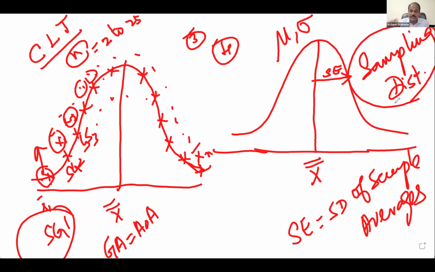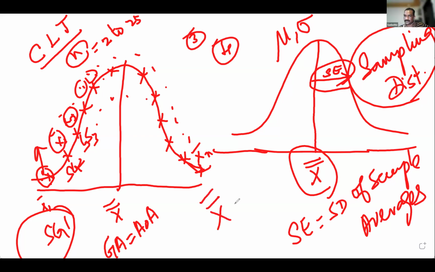So in order to visualize the sampling distribution, you need X double bar and standard error. Why? Your X double bar will be very, very close to your mu. The chance of your X double bar becoming mu is extremely high. Similarly, the standard error has a relationship with the population standard deviation.